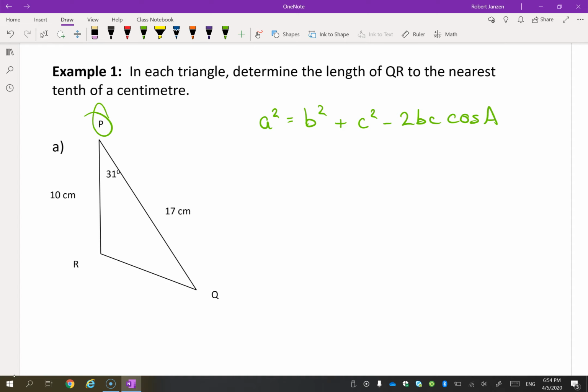Instead, I'm going to plug this in just like I did with sine law. If I'm going to use this angle, that's angle P, that means I'm going to start with P over here. And then B and C, they're the other two sides. It doesn't actually even matter what order I write these in.